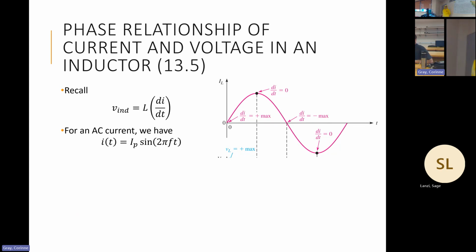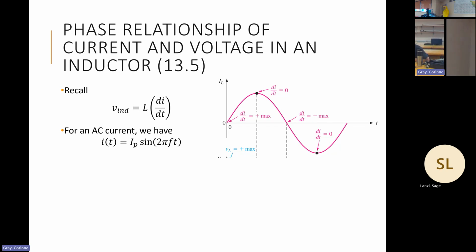What does IP stand for? That's going to be the peak or maximum current, times sine of 2 pi frequency times t. What is frequency in general? It's technically oscillations per second, because if you do periods per second, that's a unitless value.